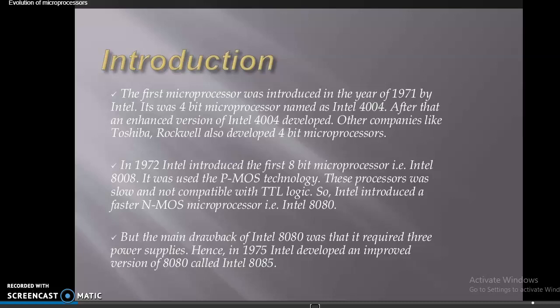But the main drawback of the Intel 8080 was that it required 3 power supplies. Hence, in 1975, Intel developed an improved version of the 8080 called the 8085. In your textbook, we are going to study the concepts of Intel 8085 microprocessor programs only.